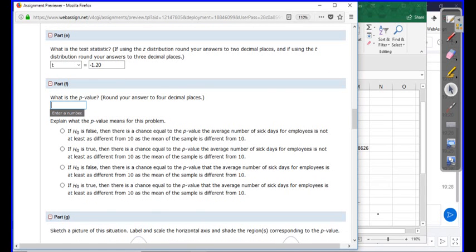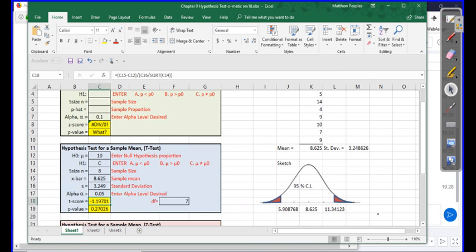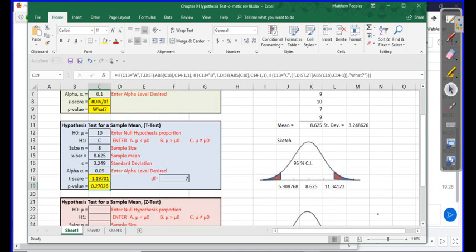So now we ask, well, what's the p-value? Well, the p-value, remember, is the probability that's associated with our level of confidence right here. The Excel program computes this for us. It's based on the T distribution and what the probability is that our population mean falls outside of the sample confidence level.